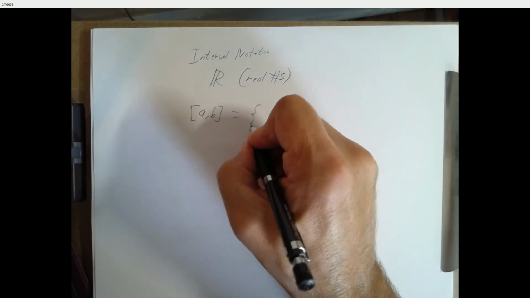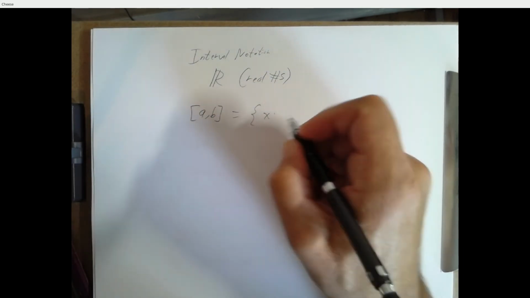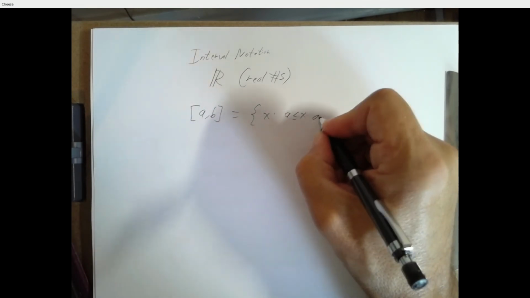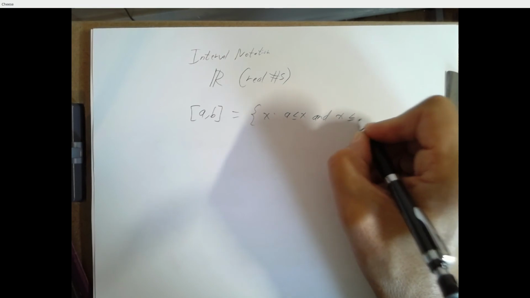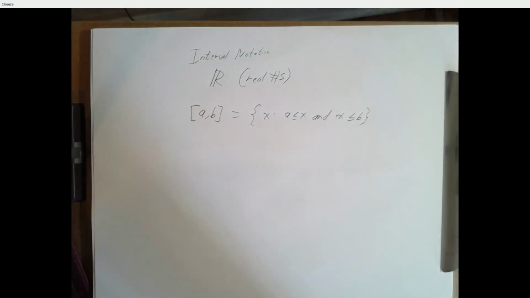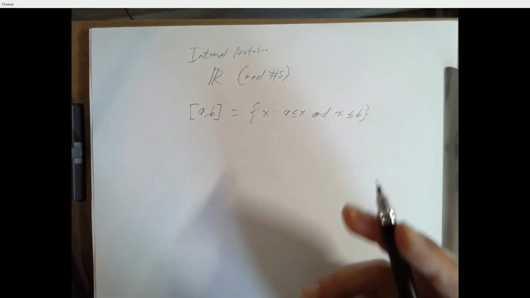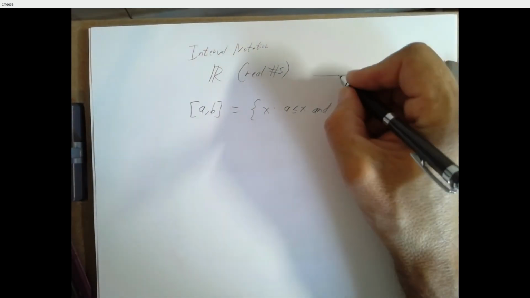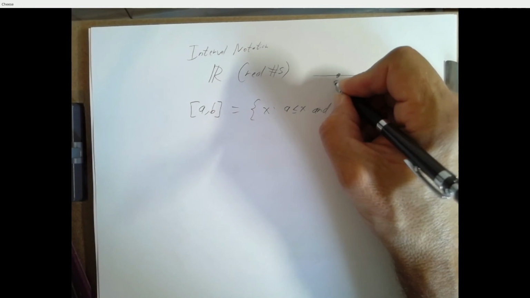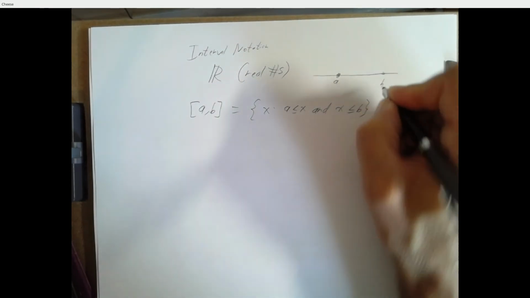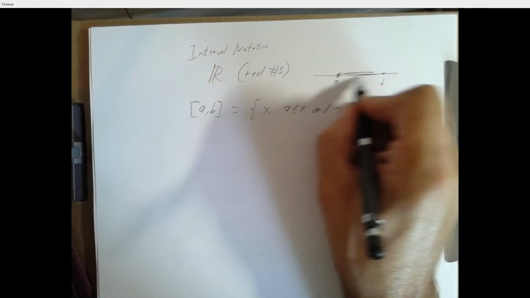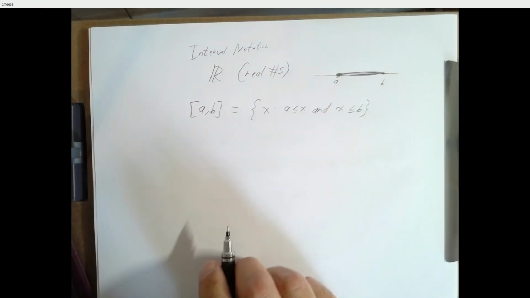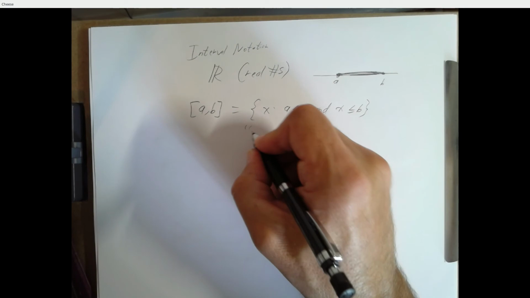And this is defined to be the set of all things x, such that x is bigger than or equal to a, and x is less than or equal to b. So if we're working over reals, this is basically a little segment of the real number line. If this is our real line, and this is the point a, and this is the point b, this interval is basically everything in between here, including those endpoints. So this is called a closed interval.